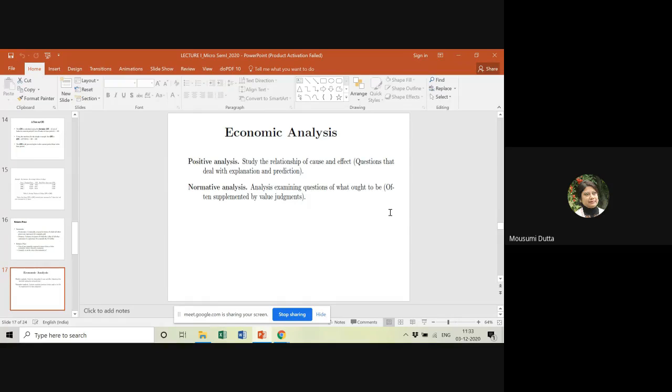What is the meaning of social choice? What is the meaning of Amartya Sen's capability approach, entitlement approach? What do these things mean? From individual choice, how we need to move towards social choice. What is the voter's paradox here?